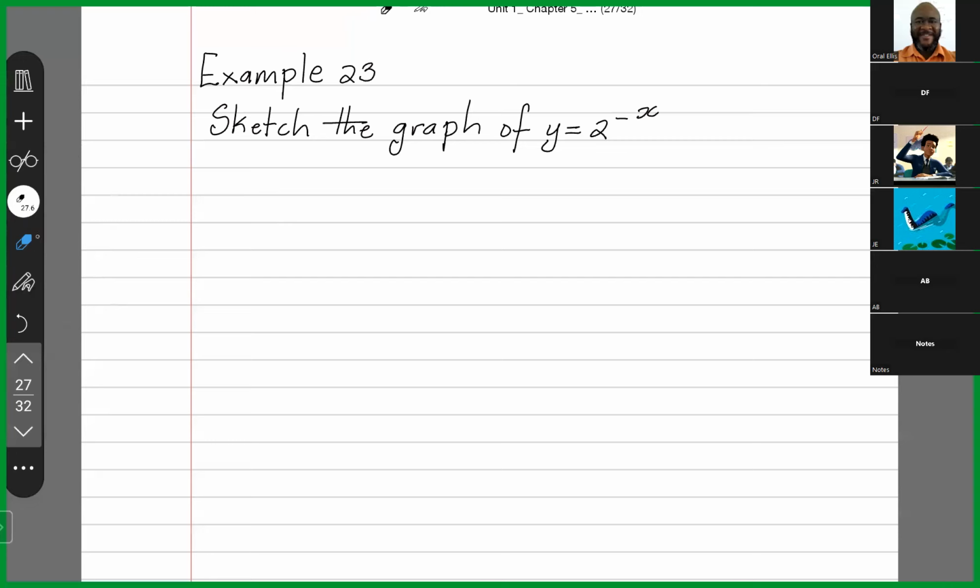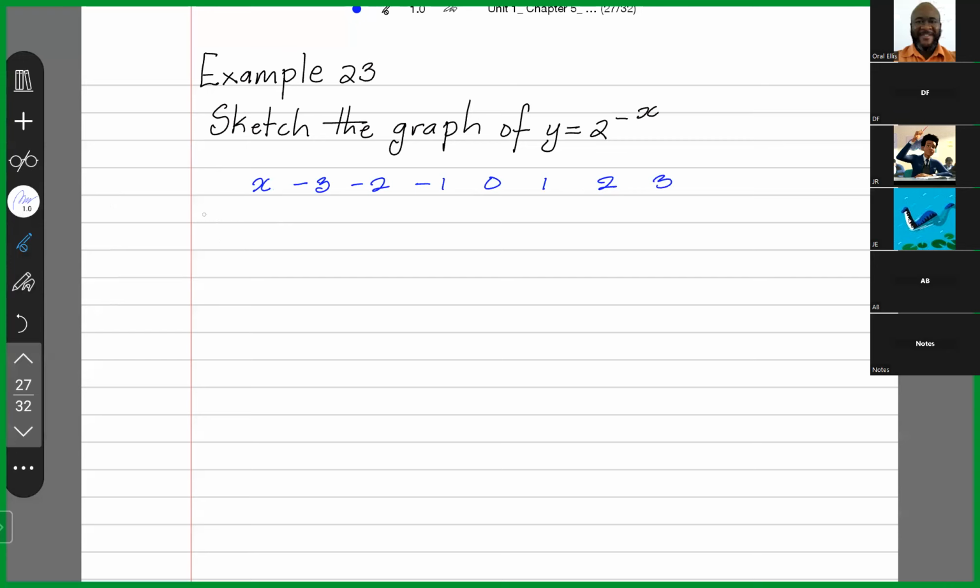So we select some values of x: minus 3, minus 2, minus 1, 0, 1, 2, 3.